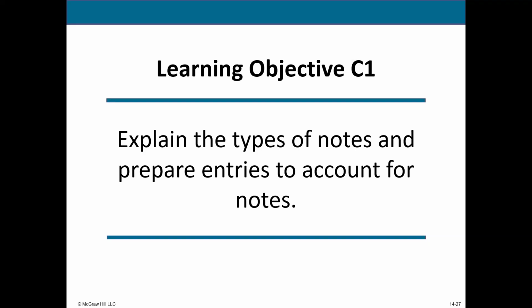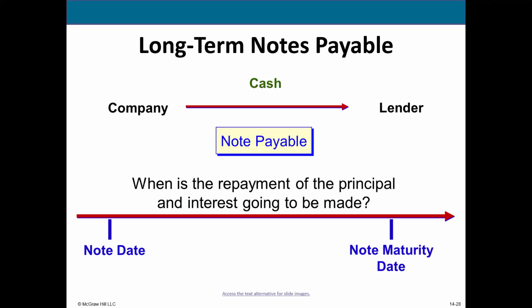We've talked very briefly about this in prior weeks, and I want to touch on this again because this is a more common way for companies to raise cash without any type of ownership or callable type of situation. That's what we call long-term notes payable, which is essentially just a long-term loan from a bank.